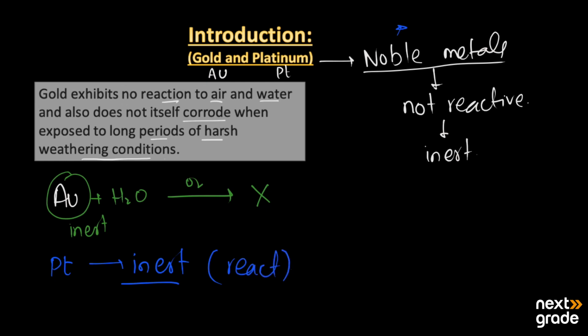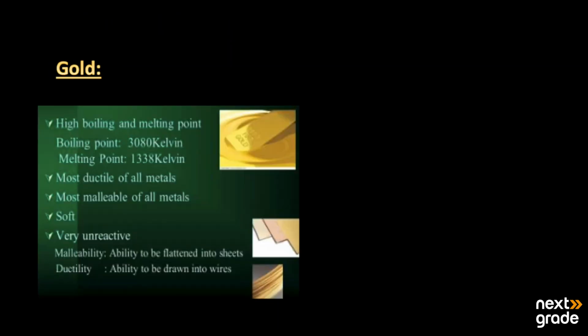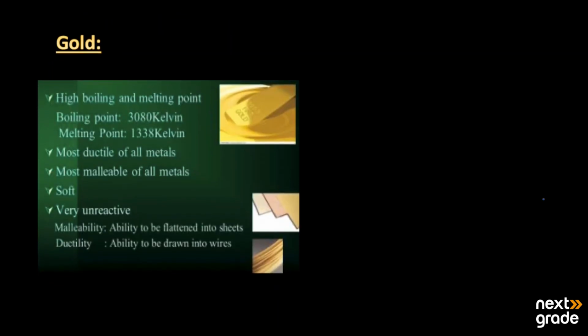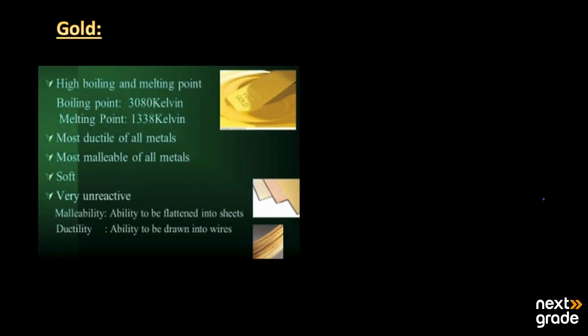Now, what are the main properties of gold and platinum and their uses? We will learn it here. So here we have gold. Gold has a high boiling point and melting point.